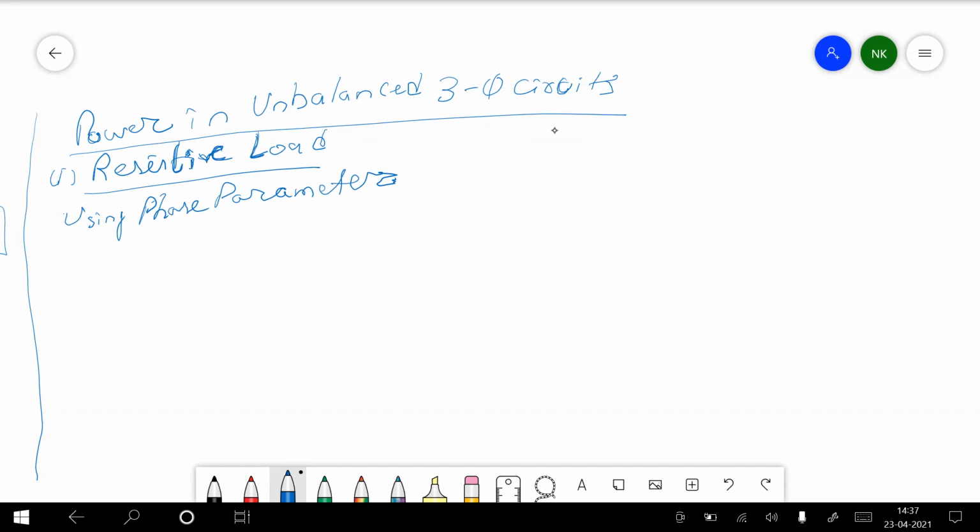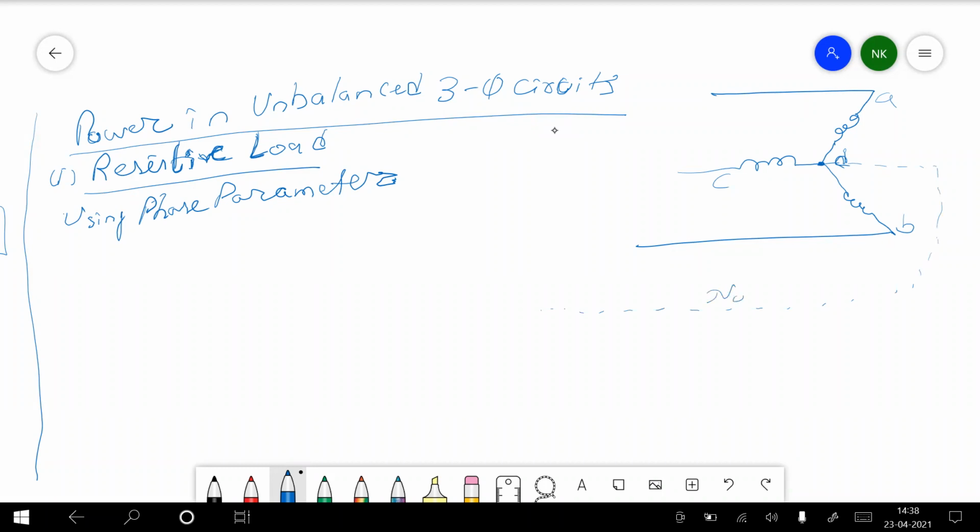So we are dealing with our star part, right? So star would be like this. This is your A, this is your B, this is your C, and this segment is your D, where in three phase, this is your neutral.